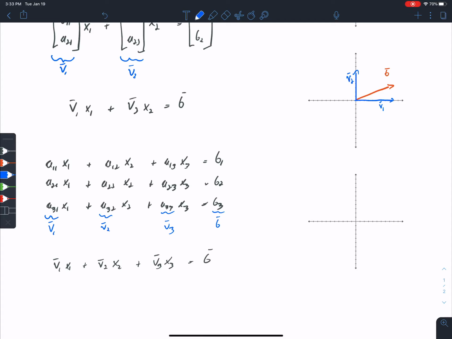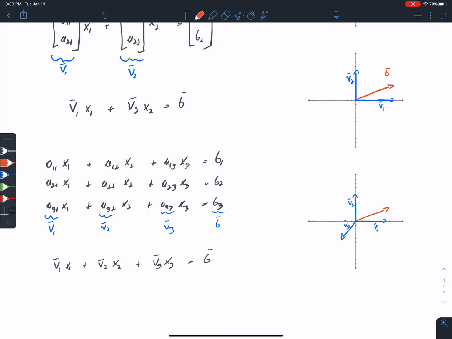Let me draw some possibilities for what v1, v2, v3 can be. These are dictated by whatever values are in the matrix, but I'll draw the same ones as before: v1, this is v2, and I'll choose a v3 this way. And once again, our vector b is over here.